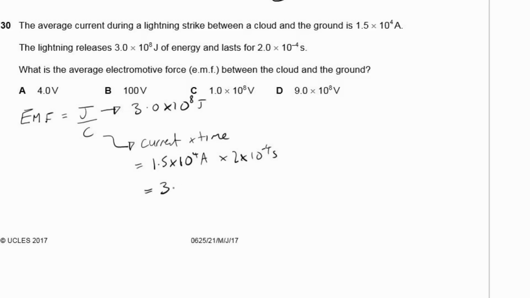And that will give us 3 coulombs. So the EMF is going to be 3 times 10 to the 8 joules divided by 3 coulombs, which is just 1 times 10 to the 8 volts. There we are. So the voltage is the work done per unit charge, and that's how we work it out.